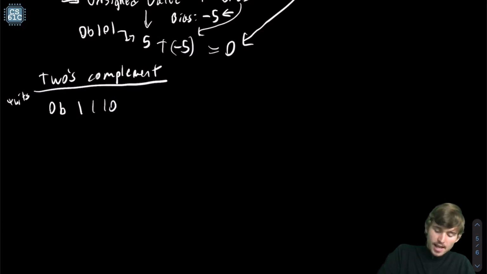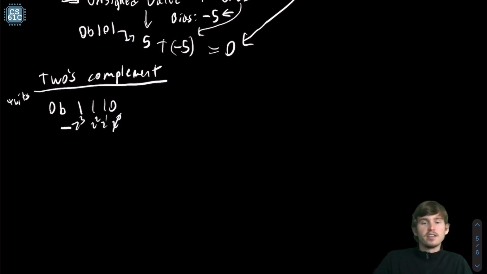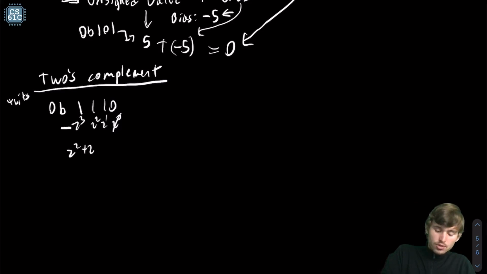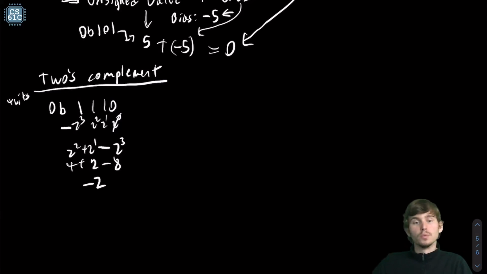So in this case, I have 2 to the 0, which I don't really have because I have a 0 there. Then I have 2 to the 1, 2 to the 2, and 2 to the 3. But 2 to the 3 is our largest bit, so that's a negative bit. So what I'm doing here is 2 to the 2 plus 2 to the 1 minus 2 to the 3. And so this is 4 plus 2 minus 8. And so for this value, I get negative 2.